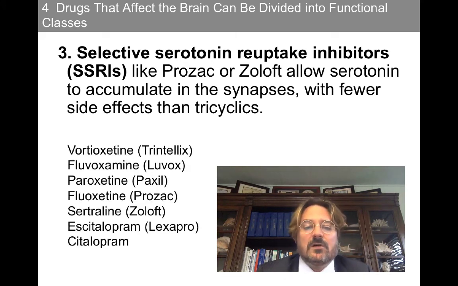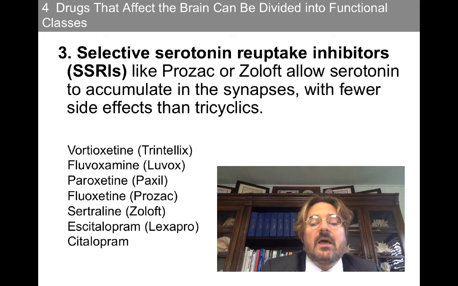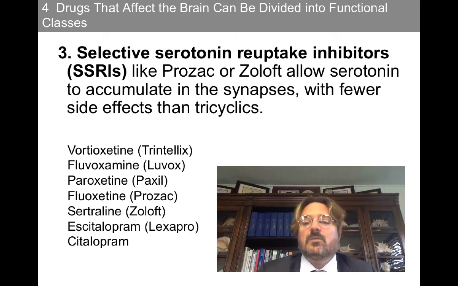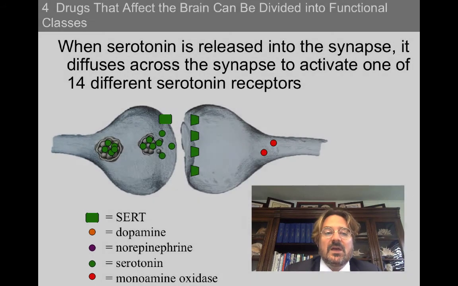Here are some SSRIs that are in use. And many of these SSRIs actually also help with things like anxiety, and each one has sort of a specific condition that maybe it's most useful in helping with patients.